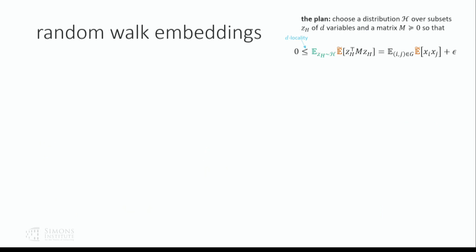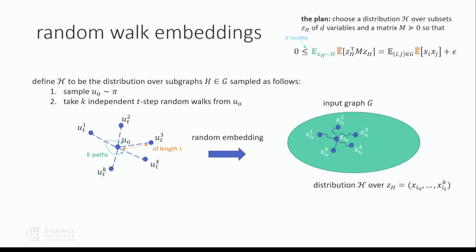So great. Now what we're going to do is choose our distribution h according to what I'll call random walk embeddings. So we're going to define h to be a distribution over subgraphs of this graph, sampled as follows. We'll sample a root vertex, u0, according to the stationary measure.